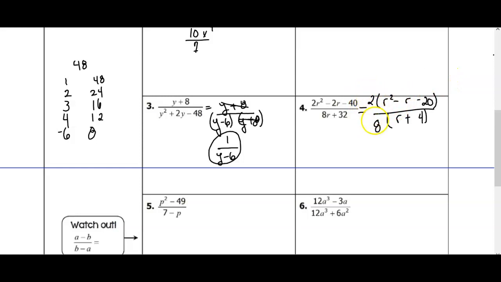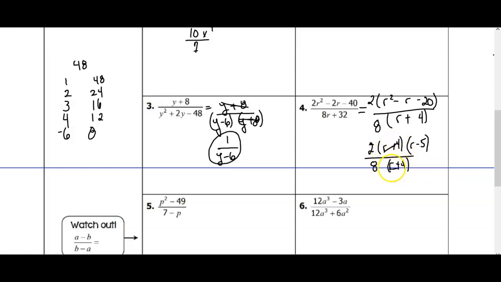Alright, so we could definitely simplify 2 over 8. But we also need to go ahead and factor this. So this is going to be two numbers, 4 and 5. So what we have, fully factored, is 2 times r plus 4 times r minus 5, all over 8 times r plus 4.